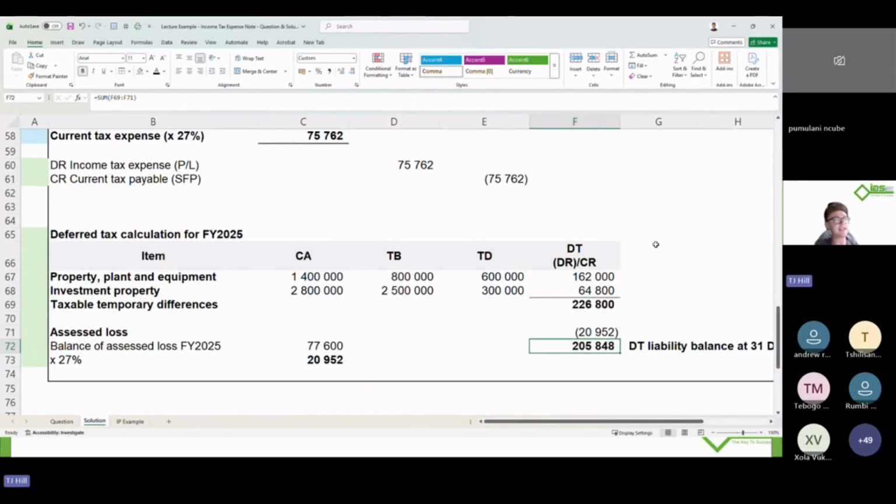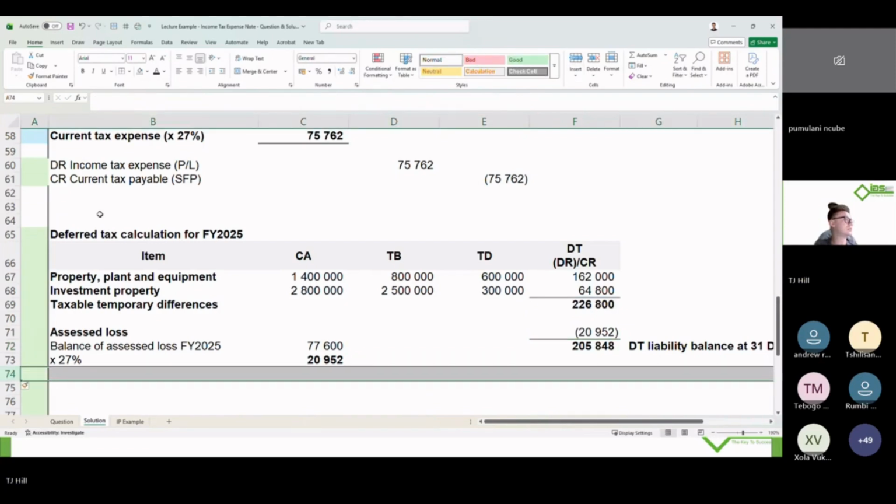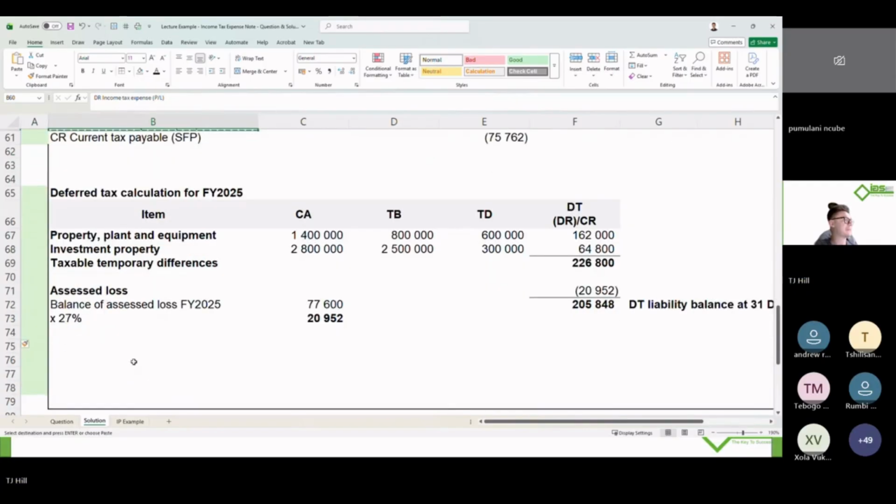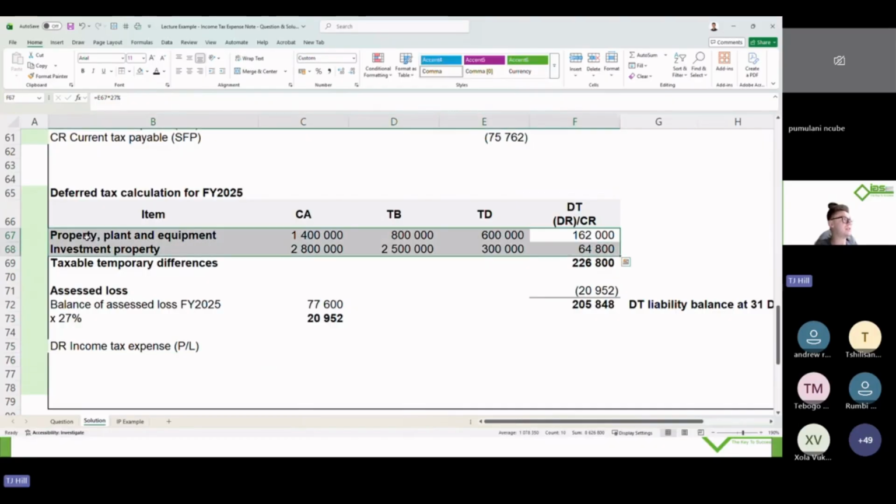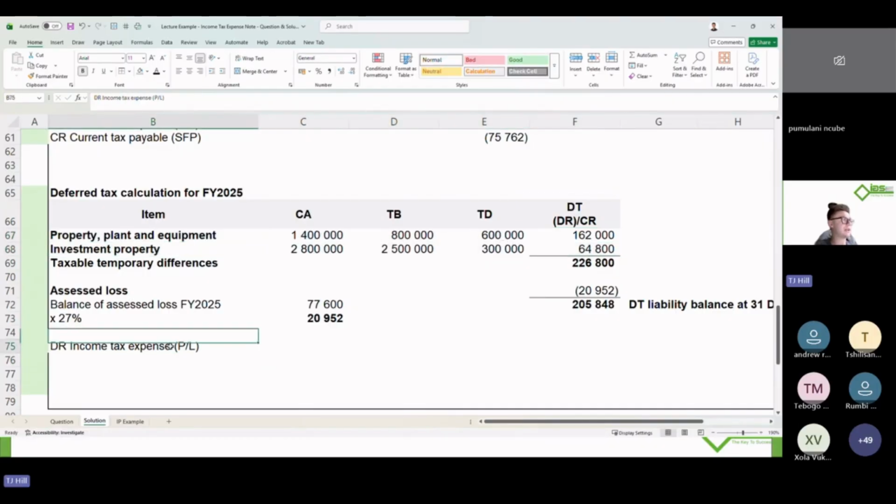Gives me a net DT liability. I now need to pass a journal entry. Okay. Debit income tax expense P&L, because none of these items went through OCI. You can see both of those are P&L items, so I can actually just think P&L, don't have to worry about OCI. Credit deferred tax liability, SFP.